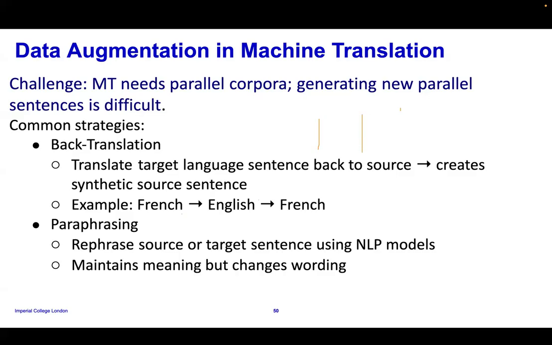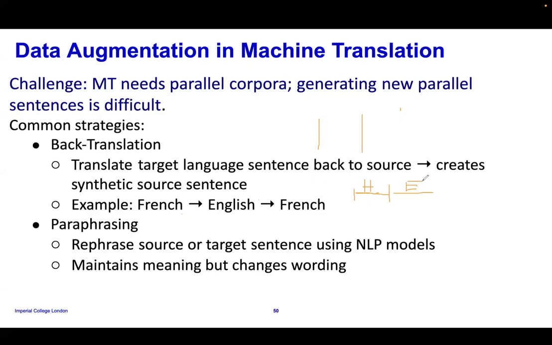Let's assume this sentence is in English, or maybe this sentence is in Hausa, right? And back translation means translating the target language sentence back to the source. So I can take this sentence and translate it into English. So this is Hausa, and this is English.